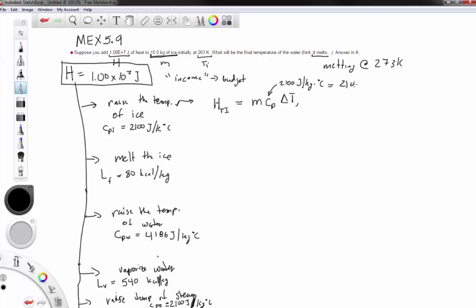So this is the same value if we put in kilogram Kelvin. And that's useful because we know that we have to get it up to 273 Kelvin to melt it. So from 263 to 273 means that this right here is 10 Kelvin.